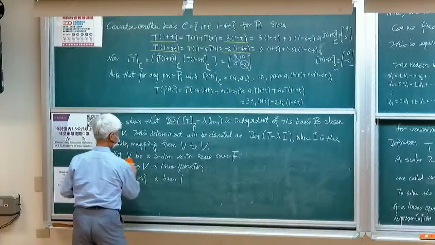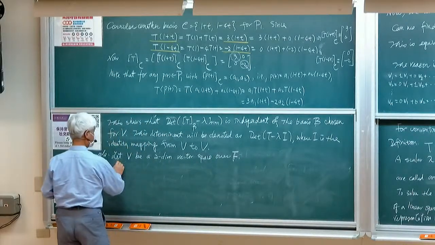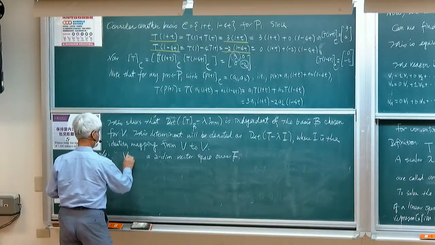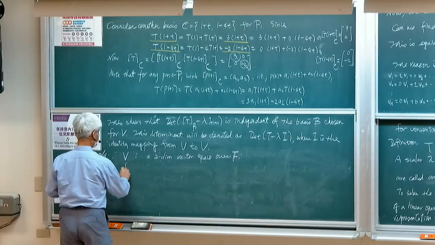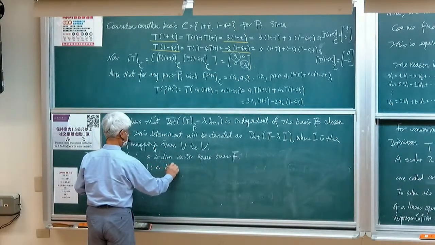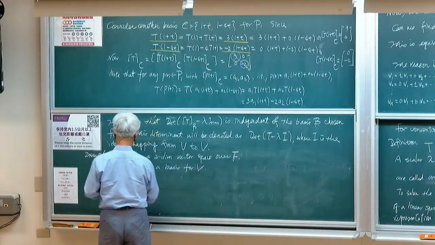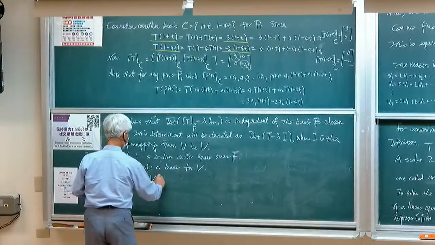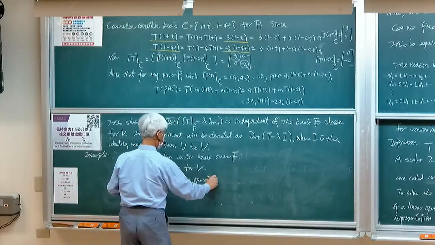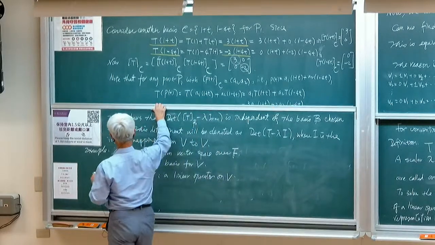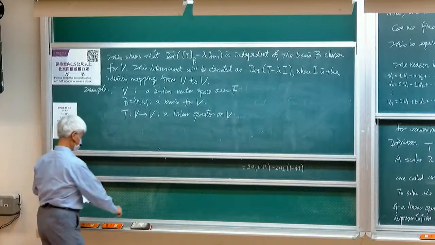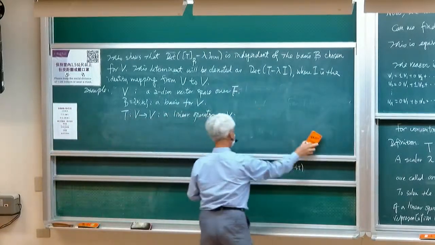Oh, I think I should specify, V a two-dimensional vector space, and B, V1, V2, a basis for V, and T a linear operator on V. Okay, so this is the general notation I will use in the following examples.